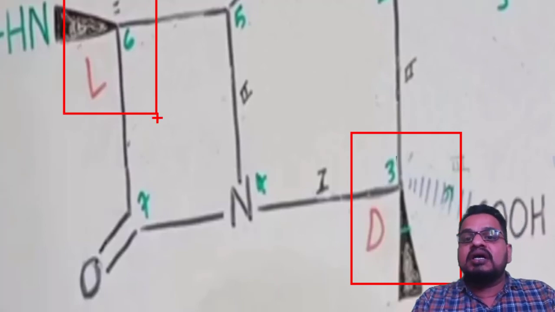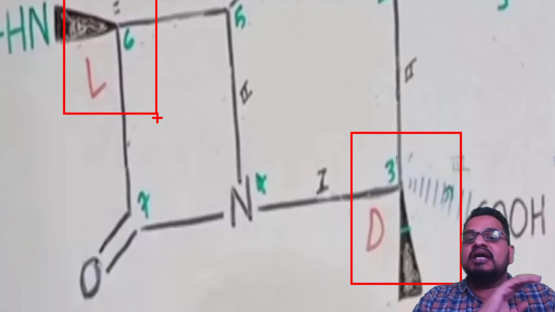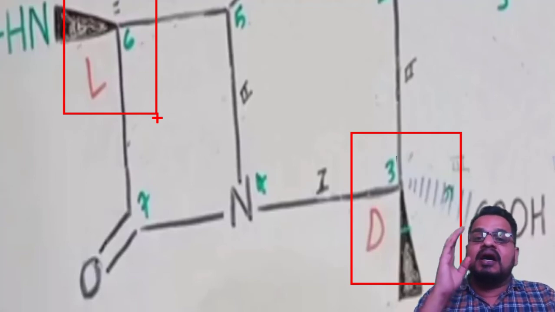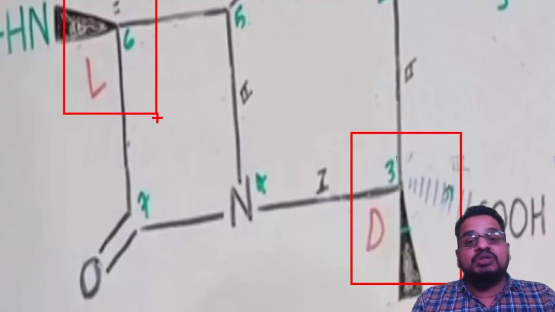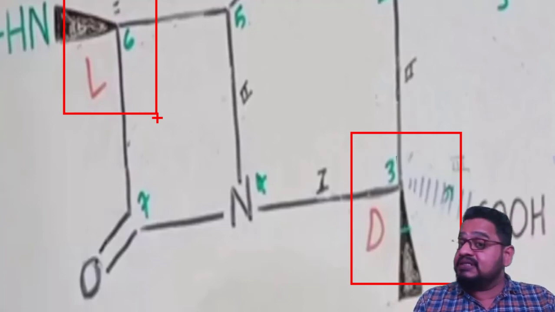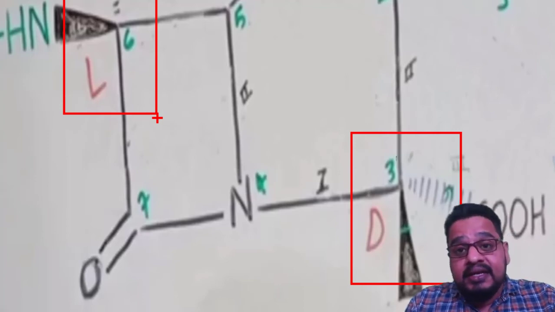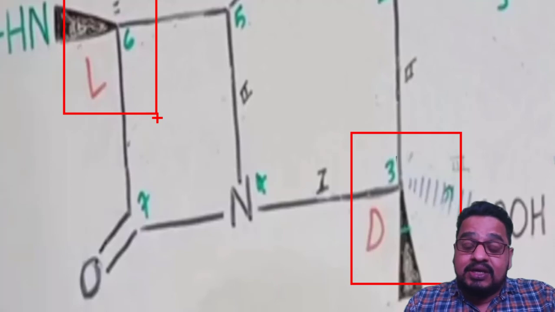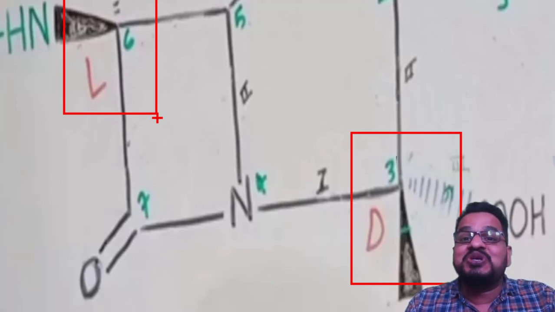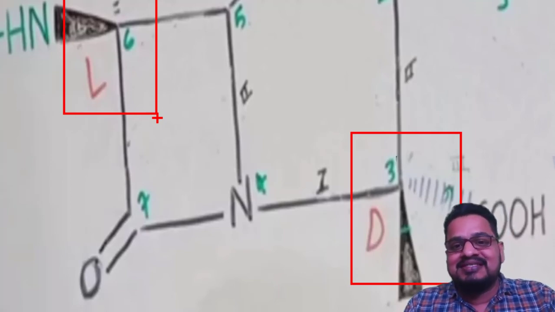So third carbon relative configuration D, sixth carbon relative configuration L. Understand? So this is the relative configuration. Please understand, you take any synthetic, you take any natural penicillins, you will get the same sort of stereochemistry. This is the beauty of the stereochemistry.